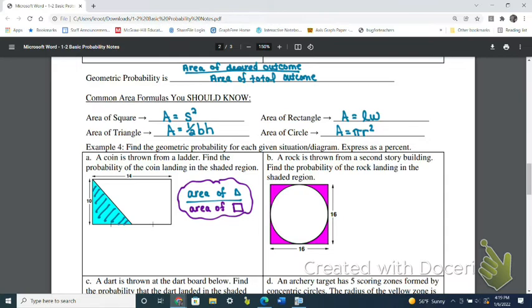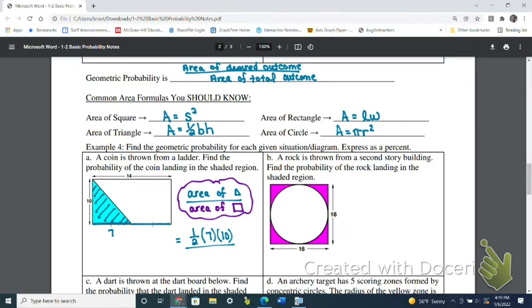Okay, so here the area of the triangle, remember that's 1/2 base times height. So 1/2 times my base. Well, I don't know my base right here. But I do know that this and this are the same length and the whole thing's 14. So this must be 7. So it's 7 and my height is 10. All divided by area of the rectangle.